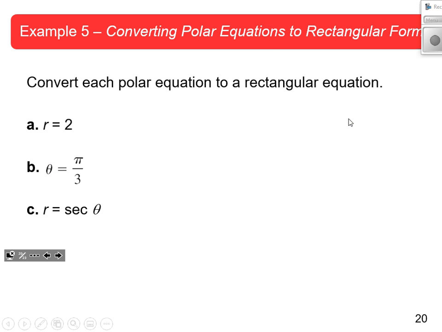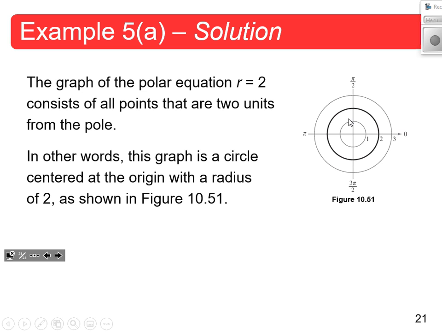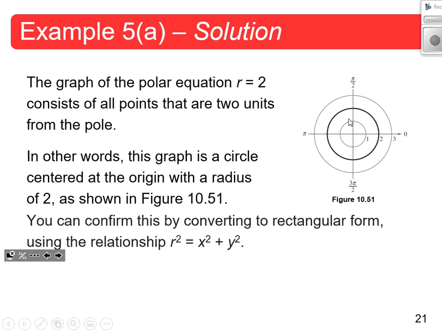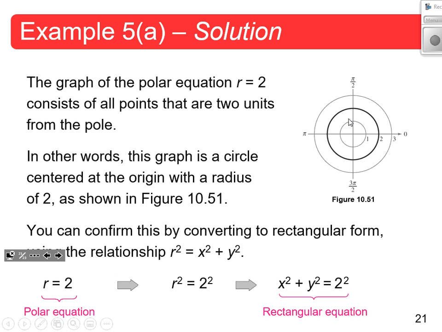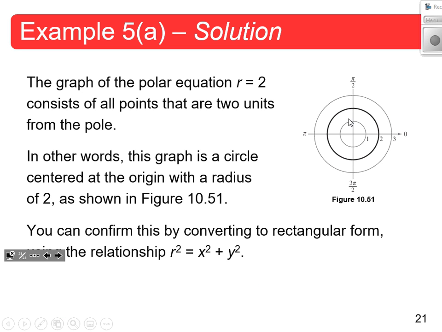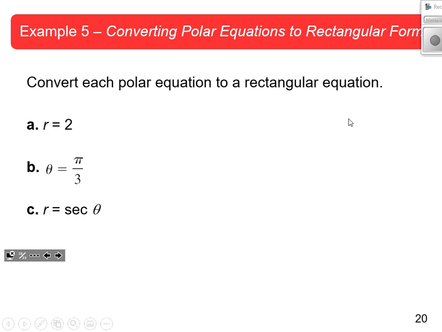The graph of r equals 2 is just a circle with a radius of 2. So you can confirm this by converting it into x and y. So r is equal to 2, r squared is equal to 2 squared. Let me actually write that out so it makes sense.